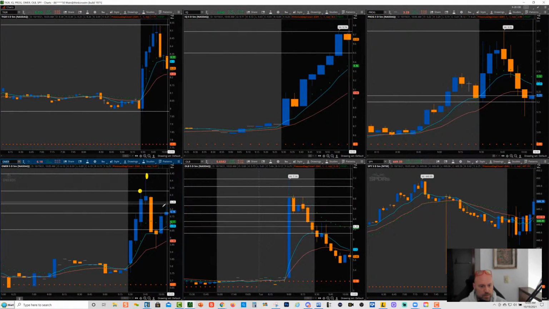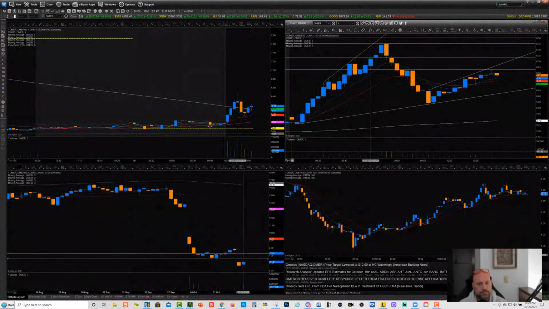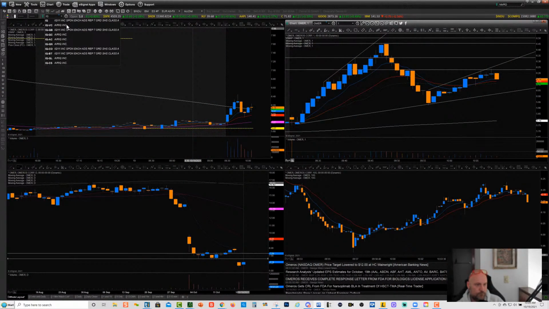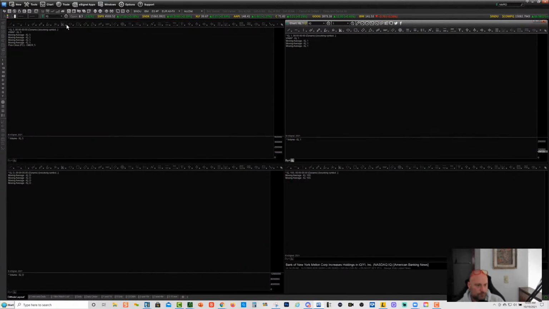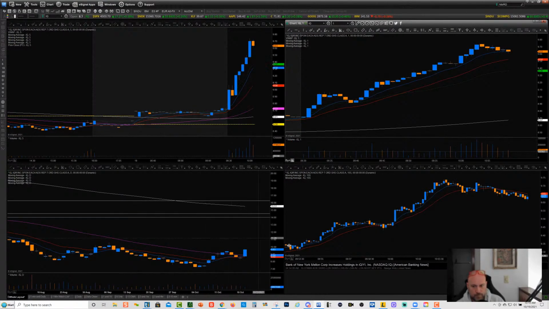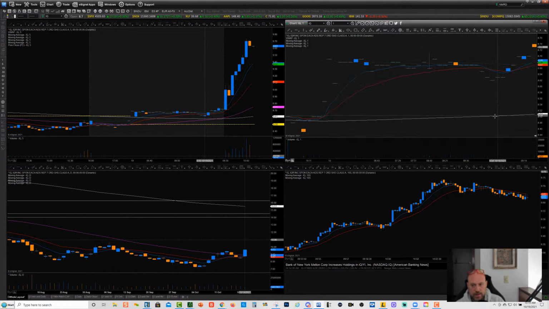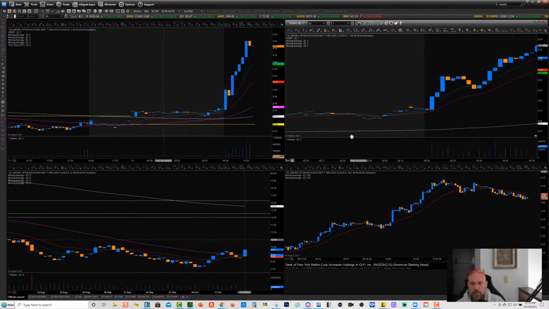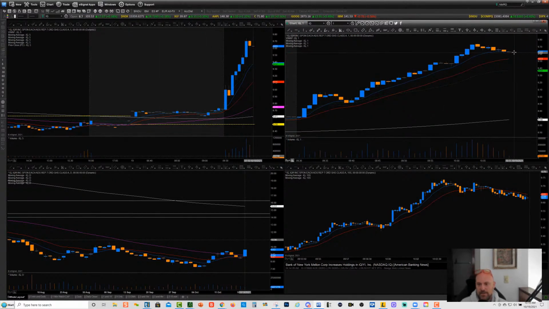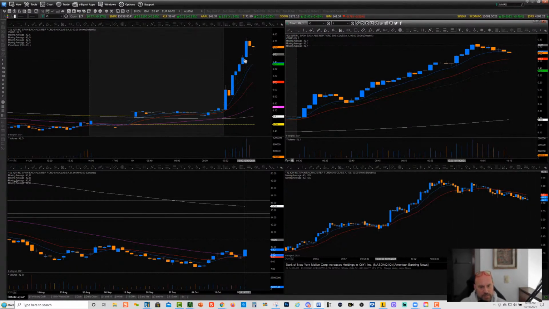Tiger's kind of failing at the moment, and Omer's doing that spinning top. So I can drill down on IQ and see, well, it's getting a pullback, still a little bit overextended. Now on a 1 minute, there is the pullback right down towards that 9 EMA, which I like to see, but still very overextended on a 5.